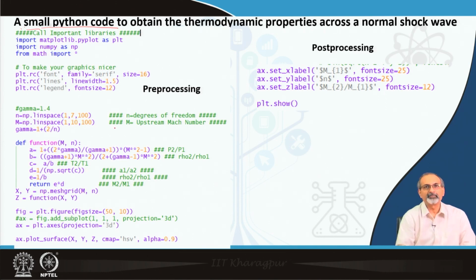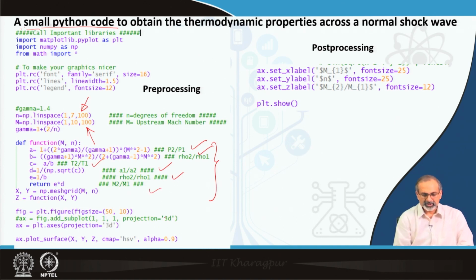Here we are showing an example Python code, and you notice that in the code we have defined the degrees of freedom varying from 1 to 7, and the Mach number varying from 1 to 10, and then you perform the different calculations for pressure ratio, density ratio, temperature ratio, ratio of sonic speeds across the shock wave, and Mach number ratio, etc.